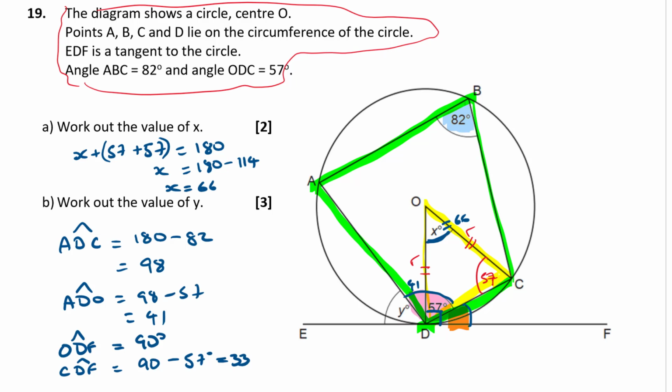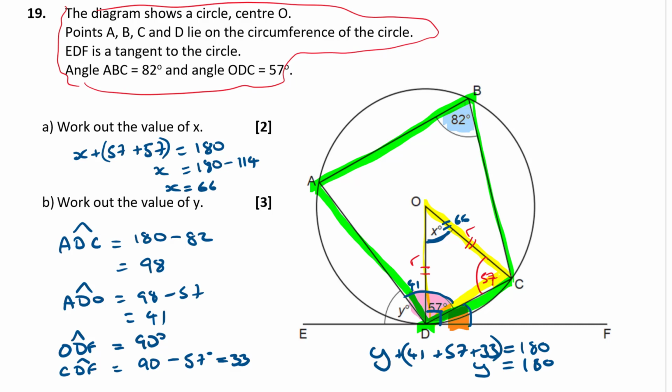plus the 41. That tells me that y plus the 41 plus the 57 and the 33 that we just found, which we know adds up to 90, all those together lie on a straight line, so that must be equal to 180 degrees. And if that is the case, then y is going to be 180 minus those three angles, isn't it?